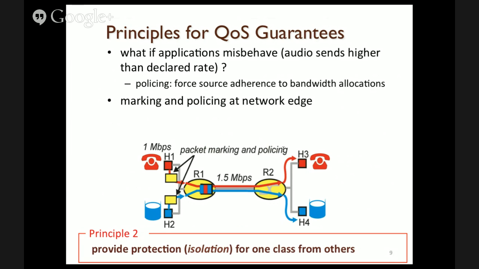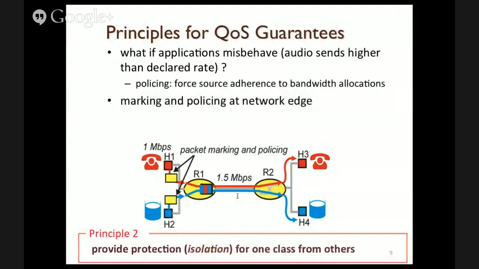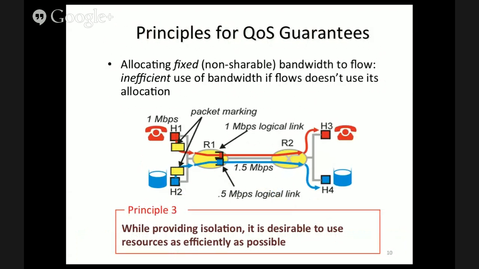So the second problem that we might face is that we might have a situation in which one of the two flows is misbehaving.